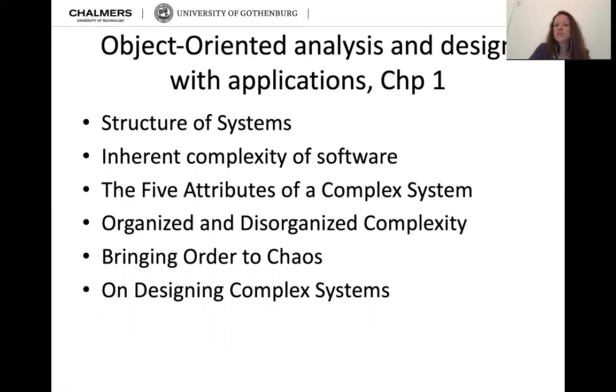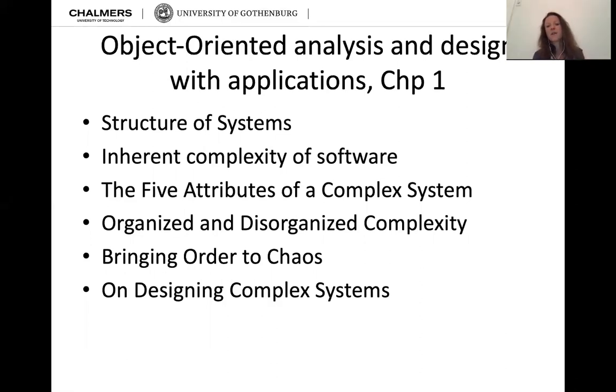Then he speaks about the inherent complexity of software. It's a given. Why? The world is fairly complex. So if we try and model part of the world and represent that in software, there is an inherent complexity in there.